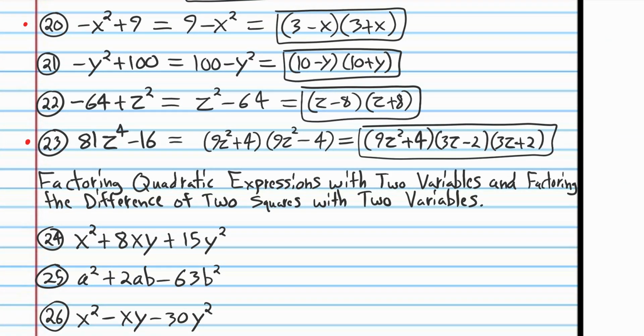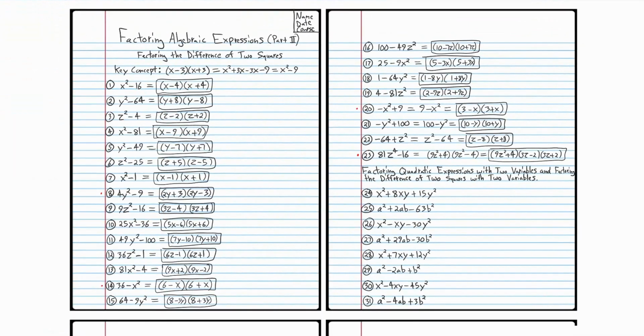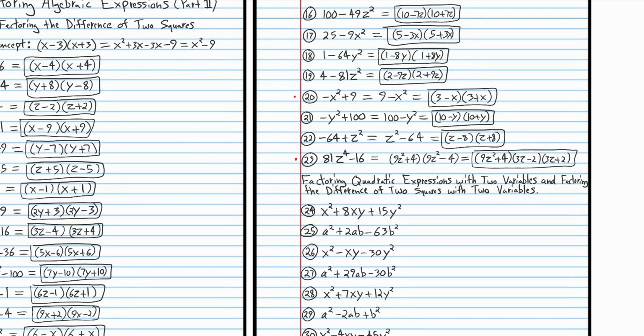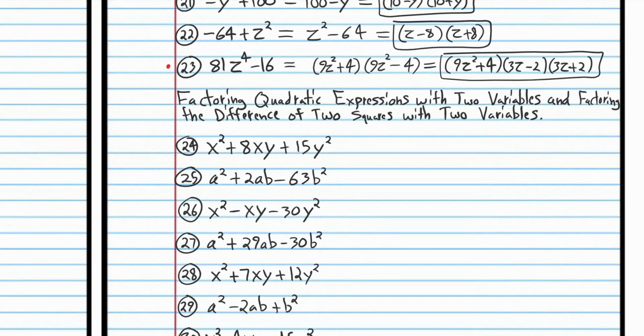All right, let's see here, double checking everything. Everything looks fine. So that was the difference of two squares. As you can see, it's pretty easy. There's not really a lot of work to show. These were the only problems that we needed an intermediate step. So it's pretty easy. So now we're going to do one more thing today.